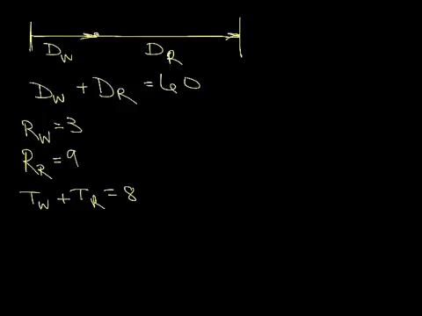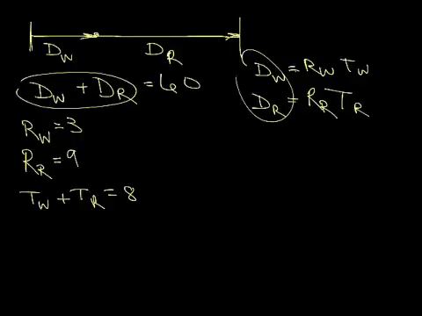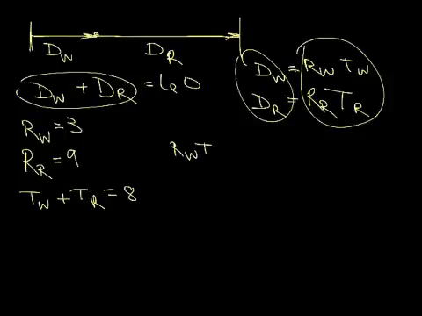Alright, so if we look at this and we know that D equals RT, we can say that dW equals RW TW, right? Rate times time. dR, distance that he rode, is also his speed that he rode times the time that it took him to ride. So these two added together give me 60. So rate that he walked, time that he walked, plus rate that he rode times time that he rode is going to equal 60.